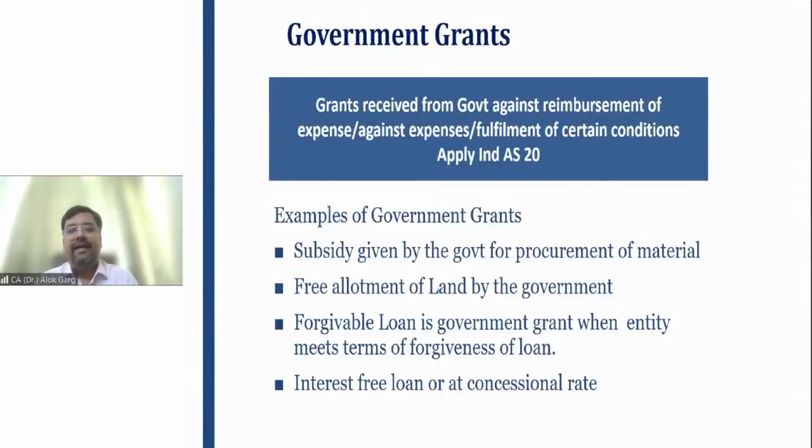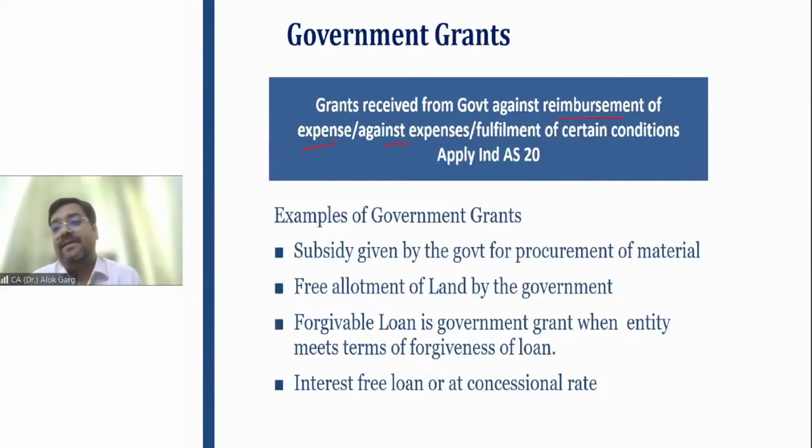Government grants could be of different types. Grants received from the government against reimbursement of expenses, right? For example, the government has said that if you treat COVID patients, whatever expenses you have incurred, we will reimburse those expenses. So a grant in the form of reimbursement of expenses.